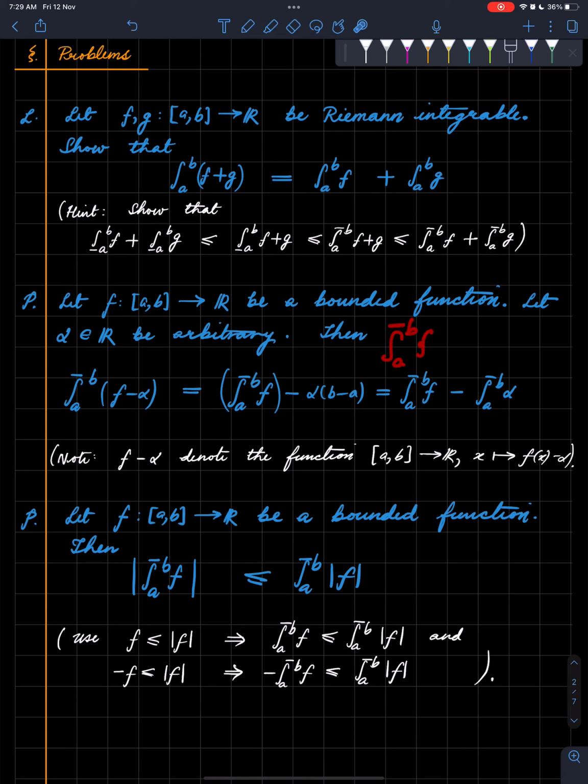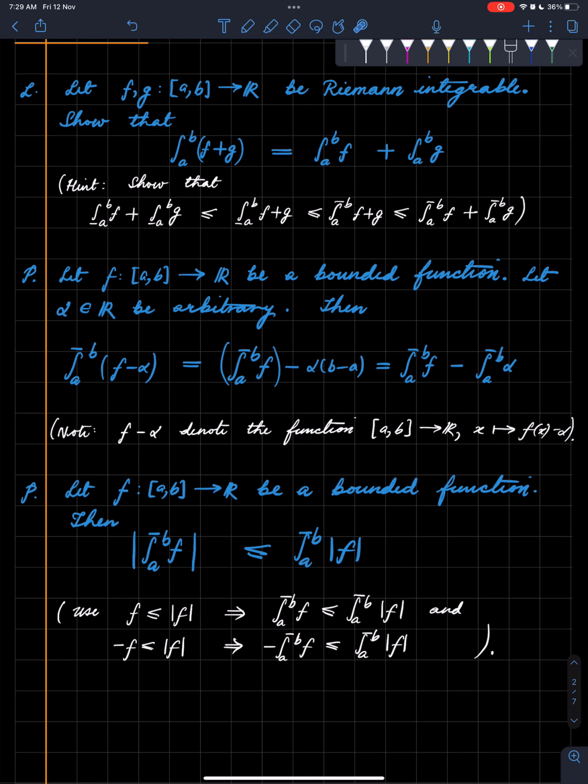In general, we can't say that the upper integral of the sum of two functions is the sum of the upper integrals of the two functions, but in this very special case where one function is constant, you can indeed apply a kind of linearity. Anyway, so this is the problem, and you can easily prove it.